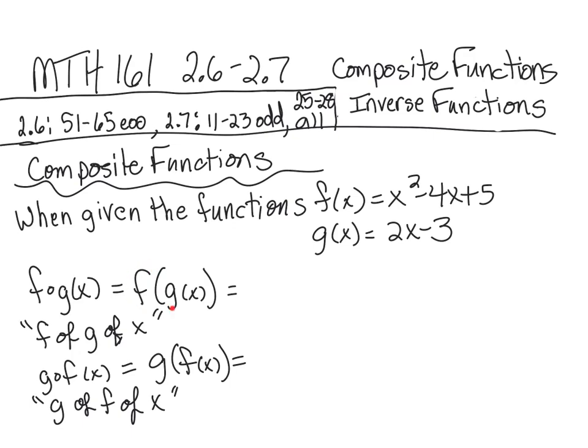This is the boss. This is your input, okay? So you're going to take that f function, which is x squared minus 4x, and you're going to copy the structure of it, but then you're going to go back and plug in the function g of x, the whole thing, and then you simplify that.